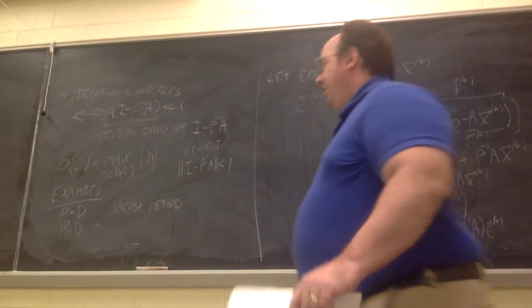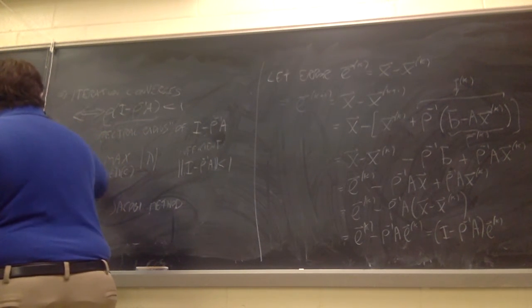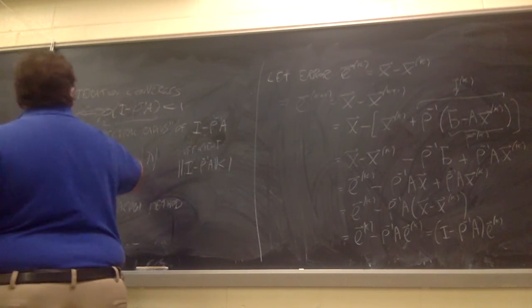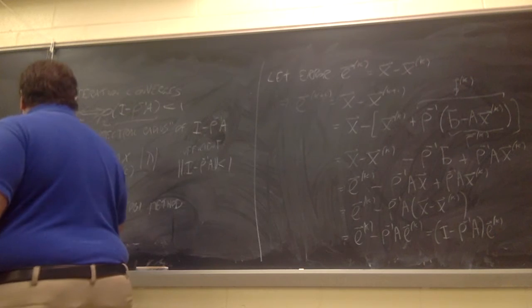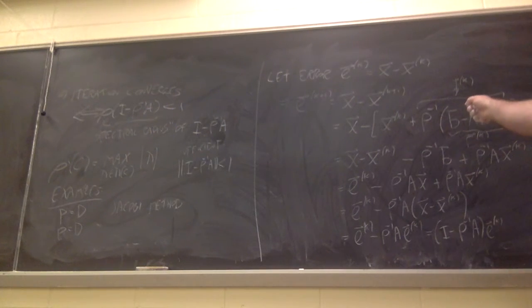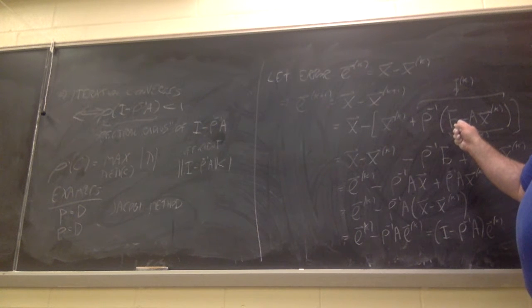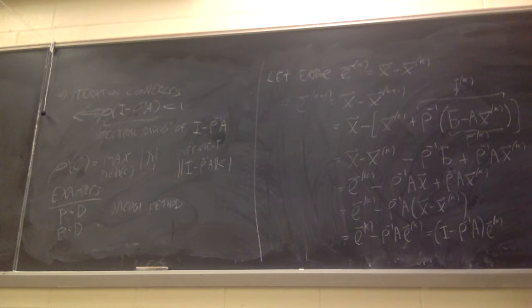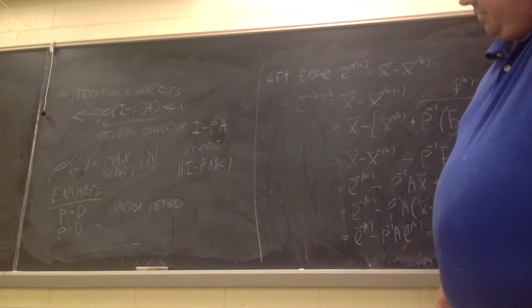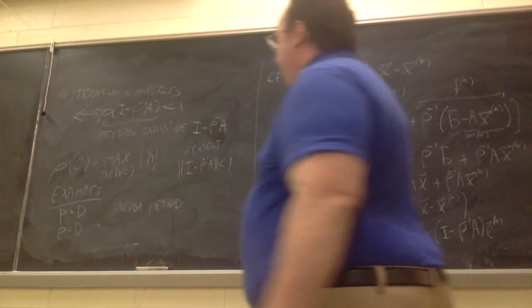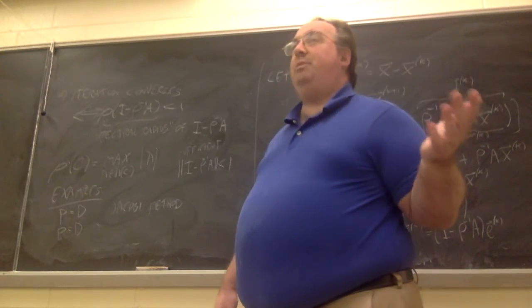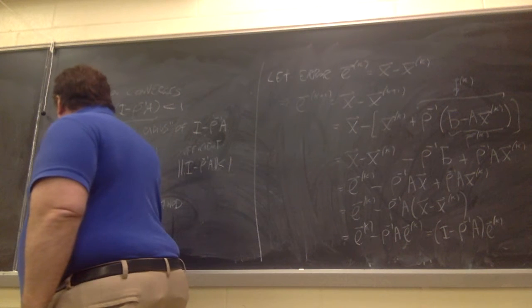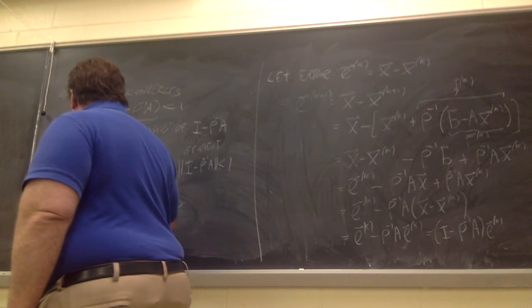They're definitely not the same. The rho is one thing, and this P is a preconditioner, the right preconditioner. So if we use a preconditioner to just be the diagonal part of A, then that becomes the Jacobi method. If P is equal to D plus L, that is the Gauss-Seidel method.